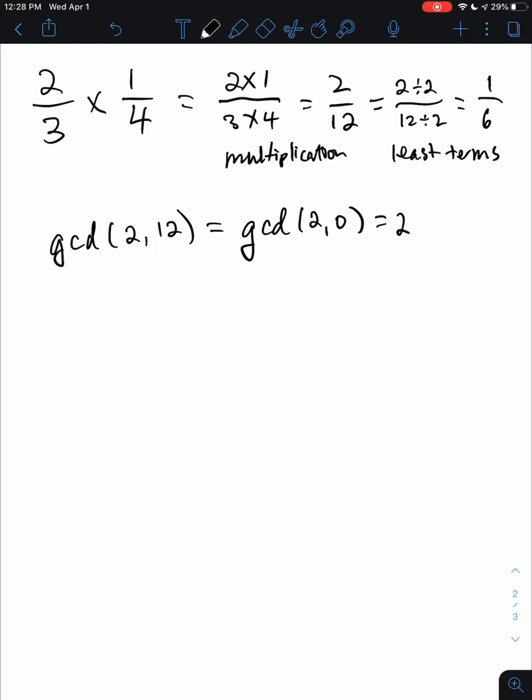I am not going to talk about them because I just want to give you one way that works, and you can figure out others if you wish. So I'm just going to give you the single way that you can always solve this problem. First, you multiply across the numerators and denominators, and then you put it in the least terms using the greatest common divisor method. All right, so that is it for multiplication of fractions. We will turn next to addition and subtraction.